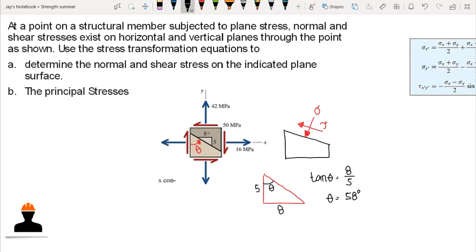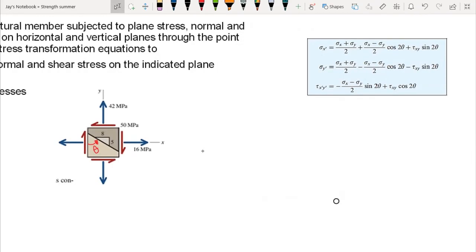Now, if we rotate our stress element by a 58 degree rotation, and as we see here, the rotation is 58 degrees counterclockwise. So we have this stress element in which this is the angle of rotation, 58 degrees. Now, our normal and shear stress here is at this point. Let's assume that's compression.